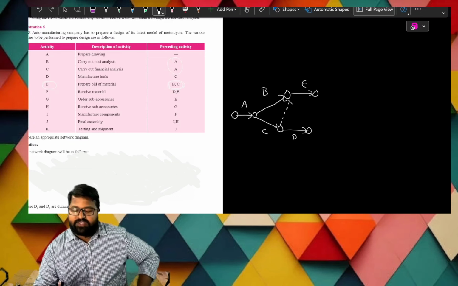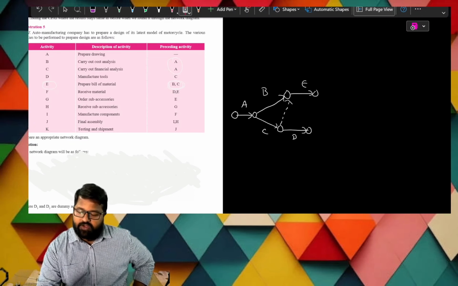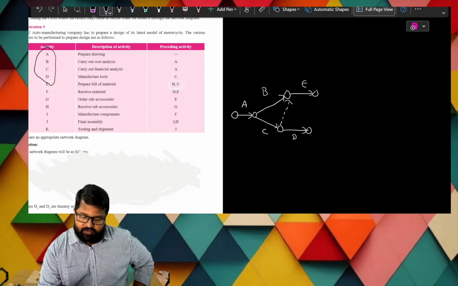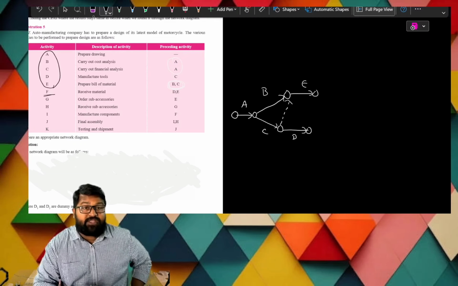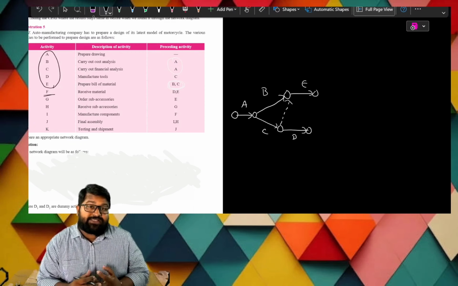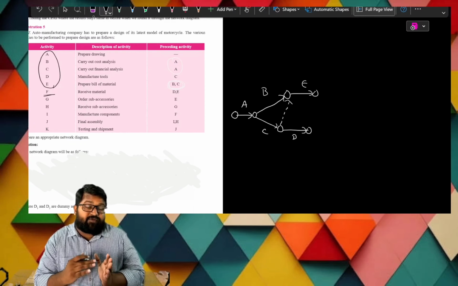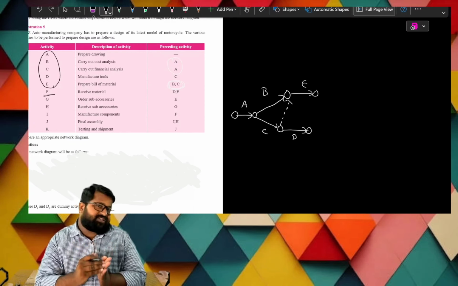Now what is the next? Till E we have done it. Now what is F? F starts after the completion of E and D. So it is coming from a combination, a common starting point.